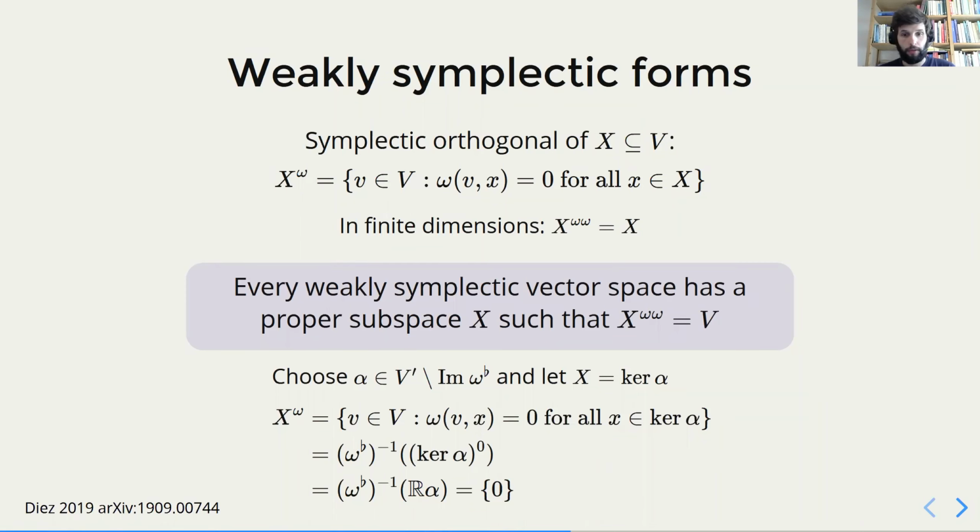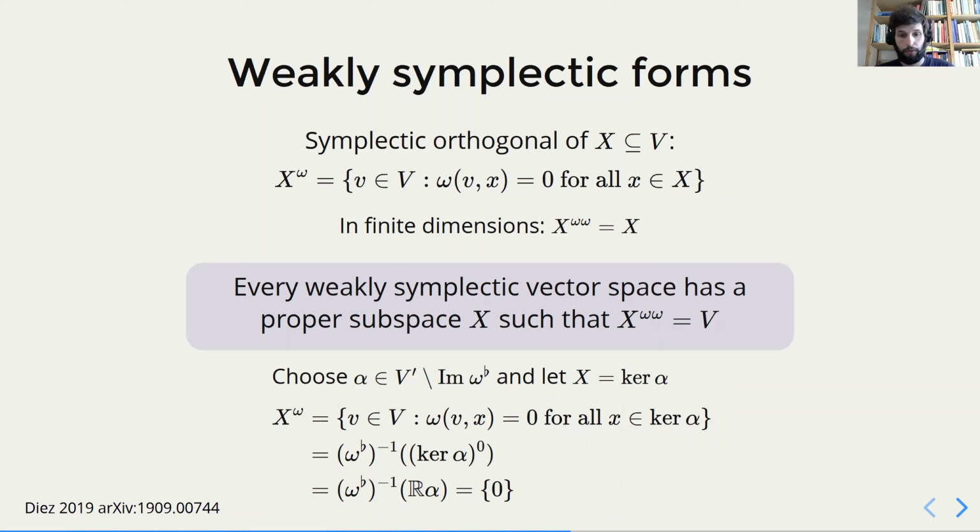And then if you calculate what the symplectic orthogonal of this X is, you get by the definition of the orthogonal the following equation. And then you see that they have to vanish for all X in the kernel. And what this means, if you rewrite this equation, is that this B has to be in the inverse image under the omega flat of the annihilator of the kernel of alpha.